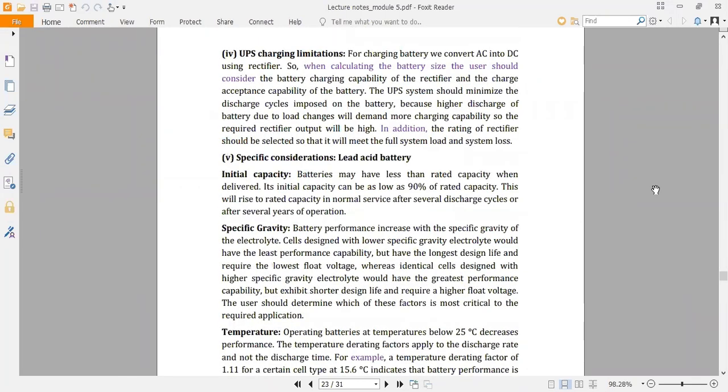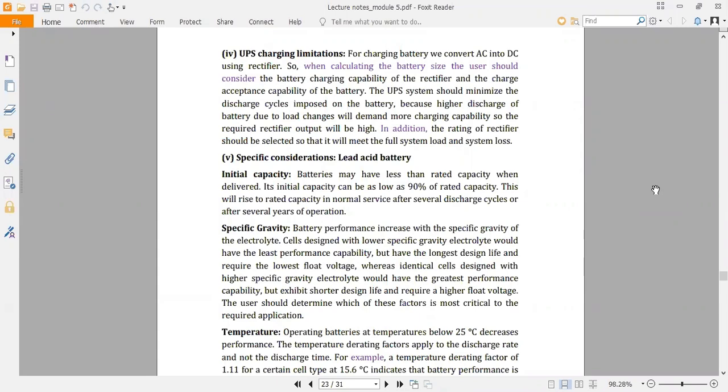The next point that we should take into consideration while selecting the size of the battery is the UPS charging limitation. UPS charging limitation means what? For charging of the battery, as I told, we need to convert AC input power into DC.